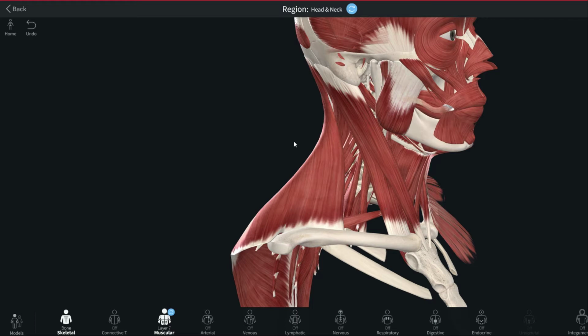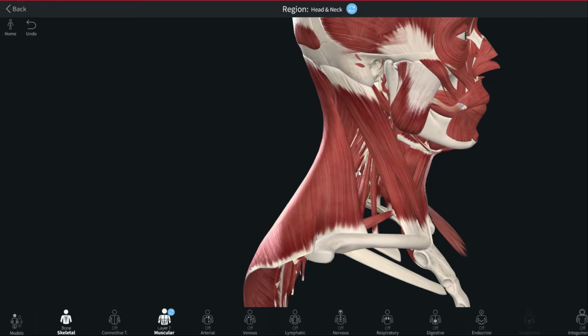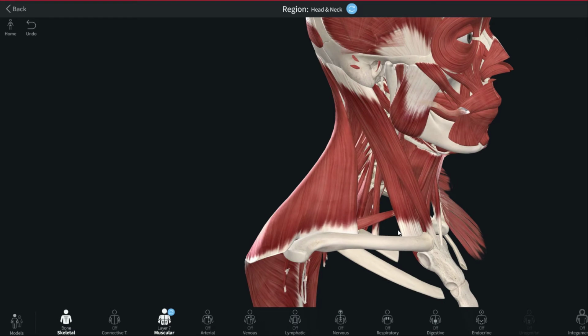Now this upper triangle is known as the occipital triangle. Very important, the occipital triangle. Whereas the lower triangle is known as the subclavian triangle, also known as the supraclavicular triangle.